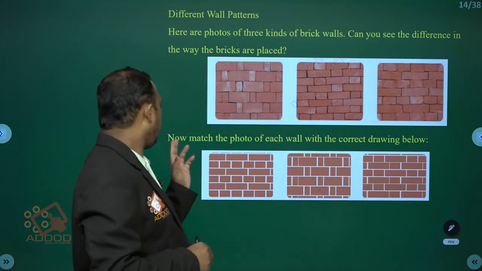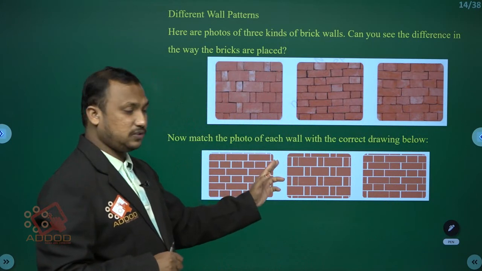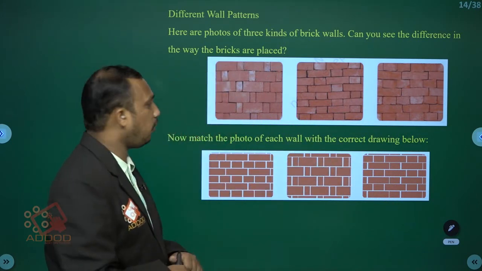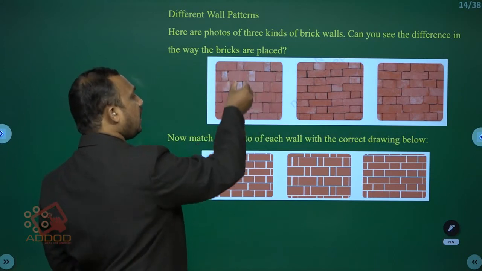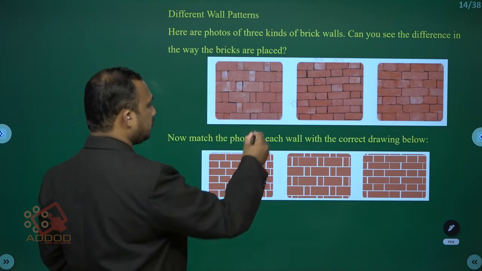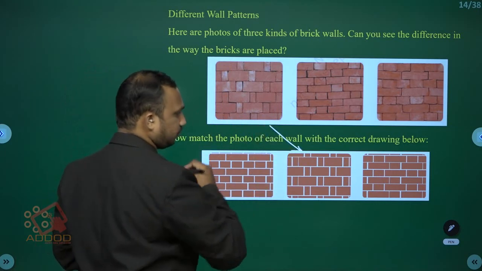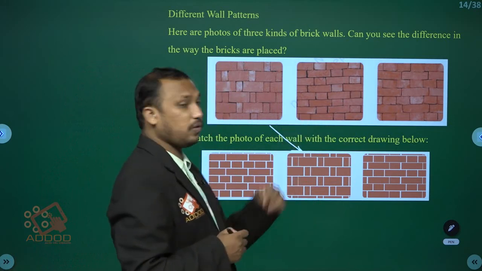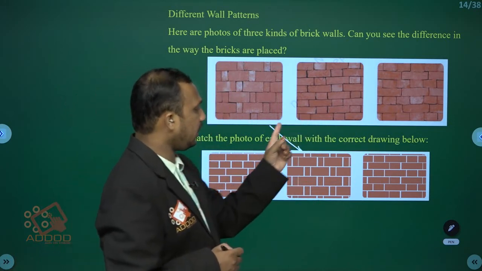Now match the photo of each wall with the correct drawing below. The first match is a rectangle and another rectangle. So this one comes to this. Second one, the rectangle face and square face. Rectangle and square face.